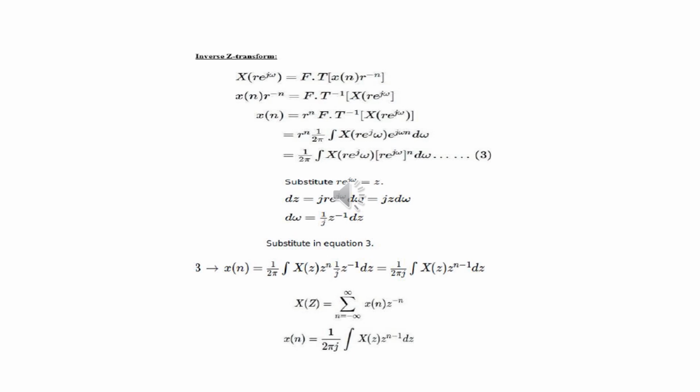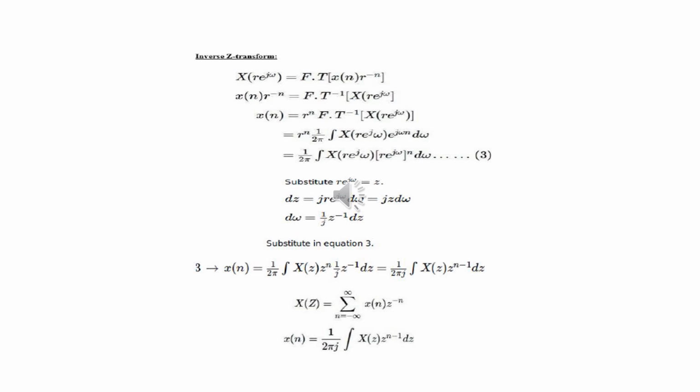So now we are substituting r e to the power j omega as z. So we are differentiating this z, that is dz is equal to j r into e to the power j omega d omega, that is nothing but j z d omega. So d omega is nothing but 1 by j into z inverse dz.